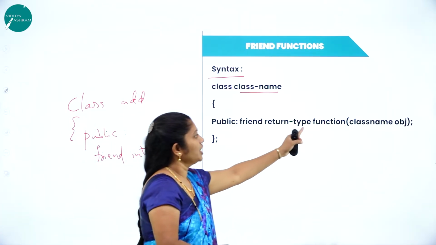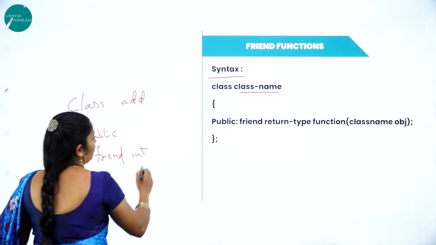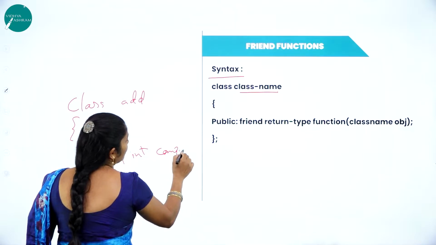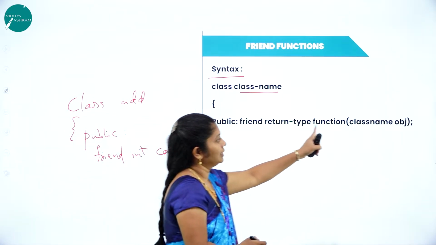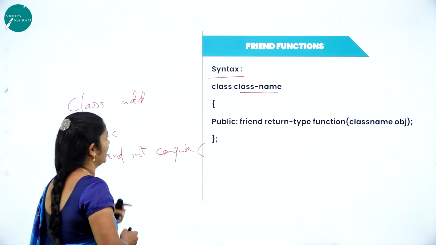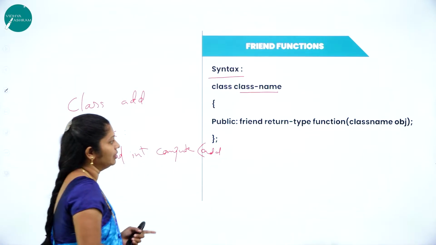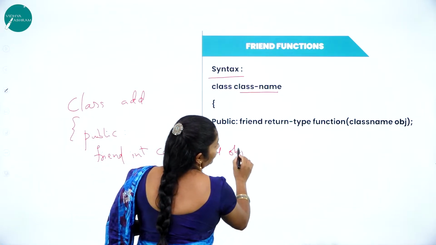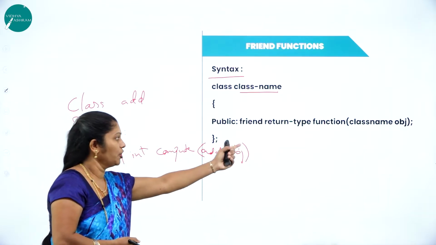Afterwards, you have to mention the function name which is a friend of the class, for example compute is the friend function. Then you have to write the class name for which it is a friend, in this case the class add. Then you have to write the object. Then afterwards you have to put a semicolon.